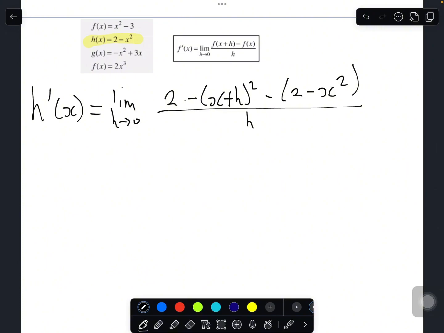So that's our first step. We substituted everything in. We're now going to move on to our second step, which is where we're going to multiply everything out.